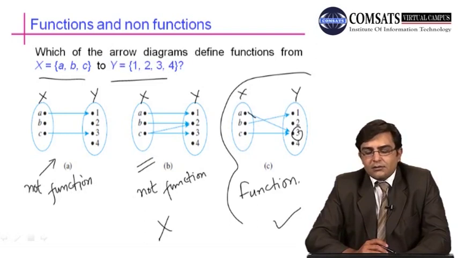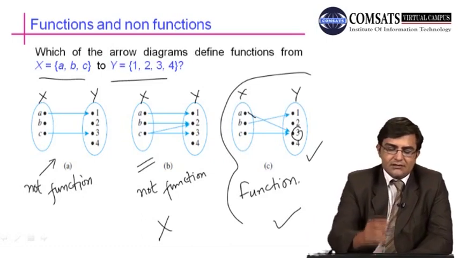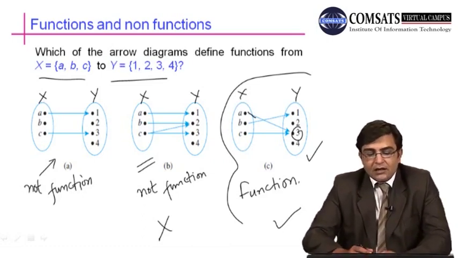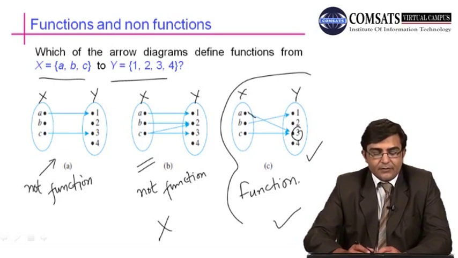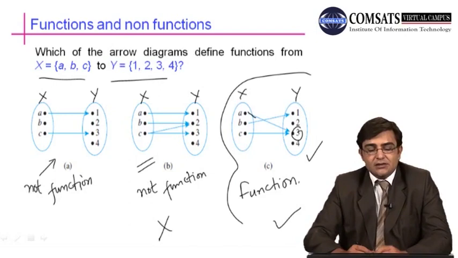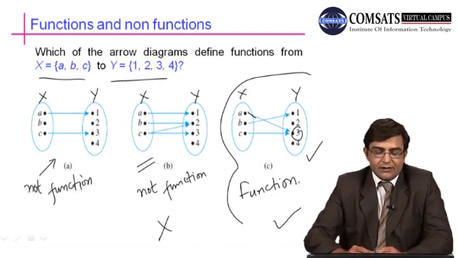But more than one element of X can be related to one element of Y. This is allowed, but this is not allowed. So I hope you understand how we can see whether a relation satisfies the two conditions which we impose for it to be a function.